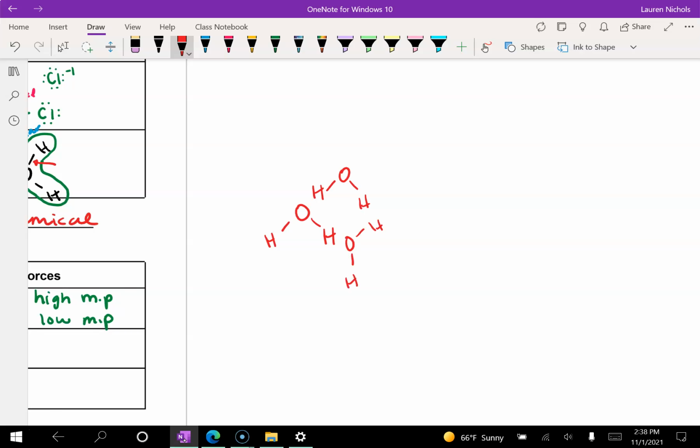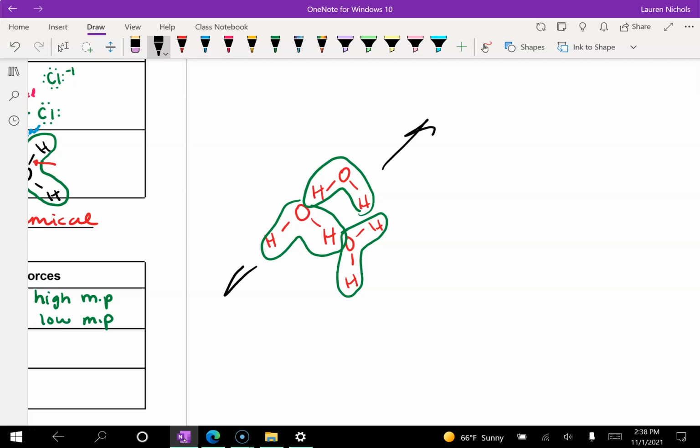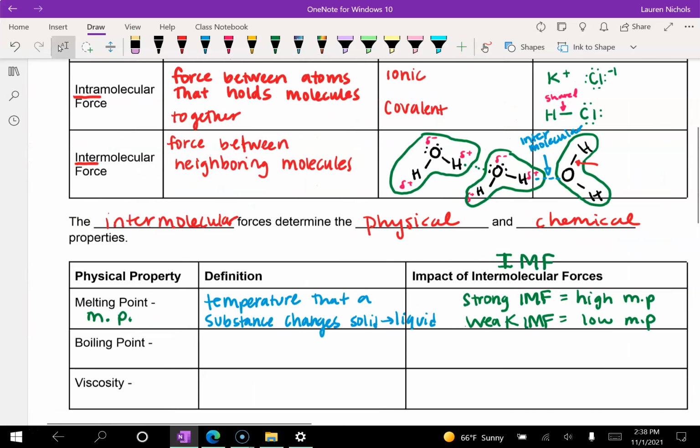These water molecules are all very close together. So in order to get them to separate, they would need to weaken these attractive forces between the molecules, because you want to separate them out into a liquid.